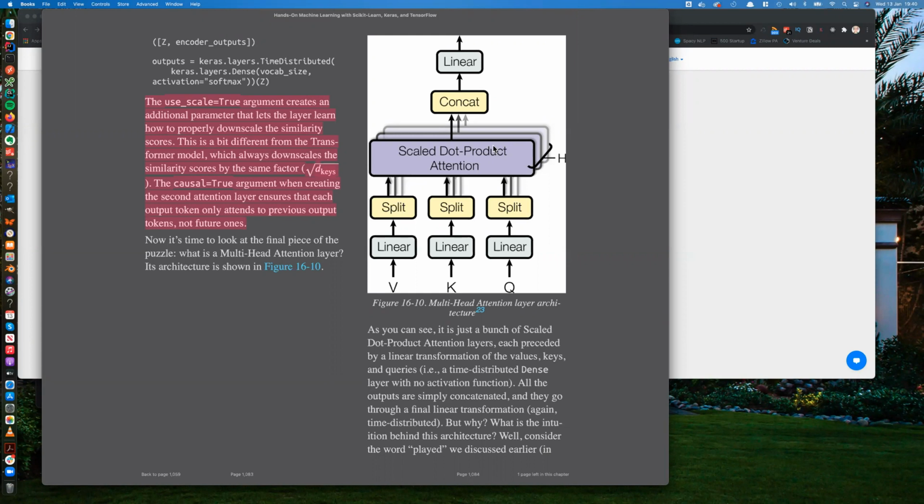So we want to learn to project the keys, values and queries in 8 different ways to represent 8 different meanings or aspects of tokens. I don't know if I explained it, does it make sense?